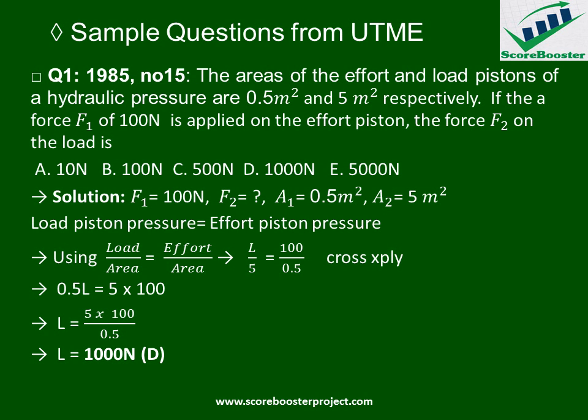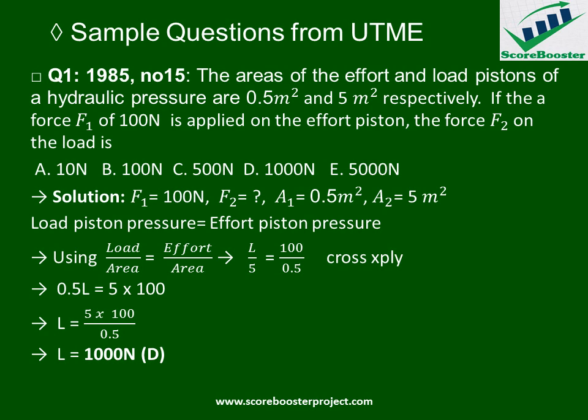Now on to practice questions from UTME, and the first question we shall be considering comes from 1985, number 15, and the question goes thus: the areas of the effort and load pistons of a hydraulic press are 0.5 meters square and 5 meters square respectively.